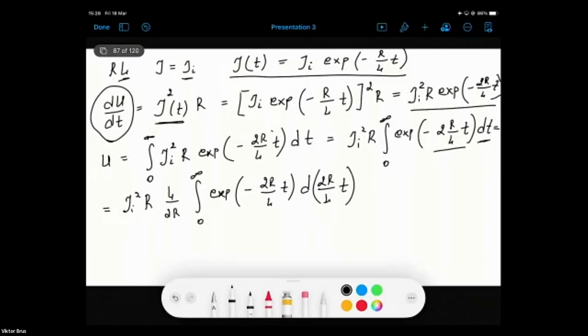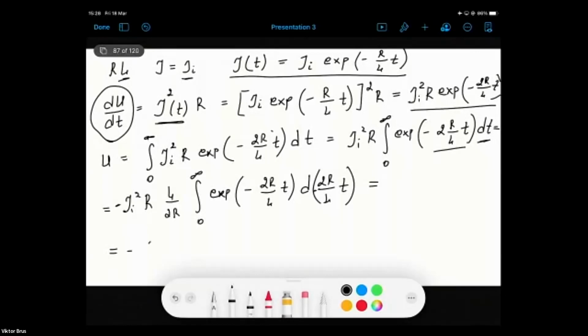So now we can easily integrate this. Actually, here there should be a minus in order to have the same argument, because it should have the same sign. So we multiply by this minus L divided by 2R.